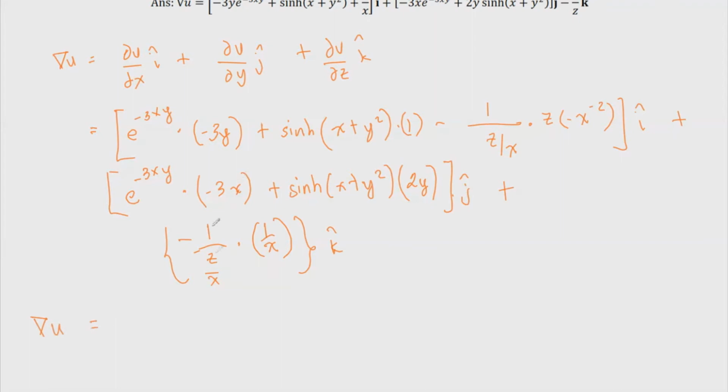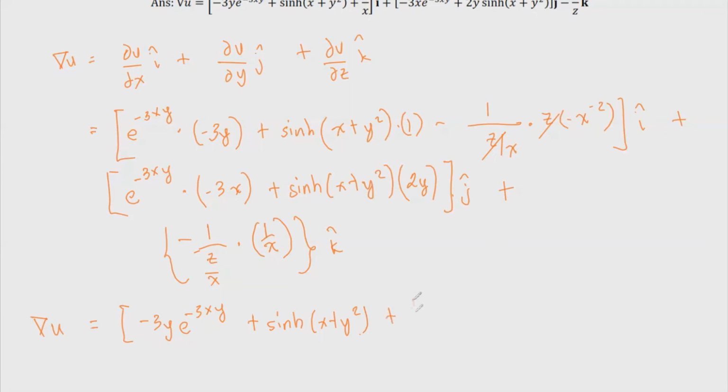So that is equal to, I think that would be negative 3y e raised to negative 3xy, and then plus hyperbolic sine of x plus y squared. And then we have, so this is z over x, that becomes x over z. Z can be cancelled out here, and then if this is at the top and this one is at the bottom, we could say that that will be left out with positive 1 over x.